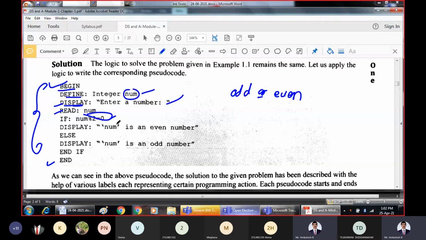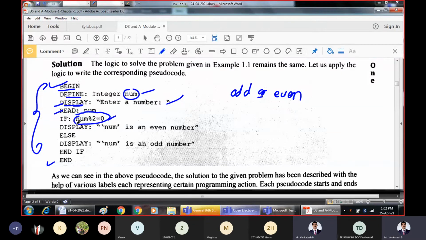What is that operation? Perform the corresponding operation. Perform number modulo 2. That means whatever number is given as an input, divide that number by 2 and compare with 0. In this case, two possibilities. Either the remainder is 0 or the remainder is not 0.